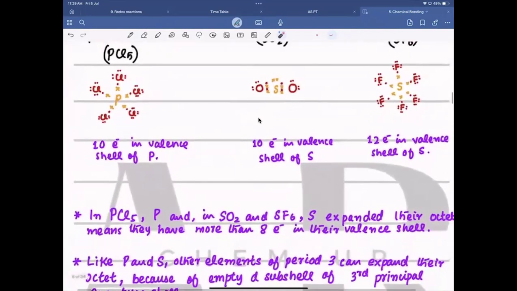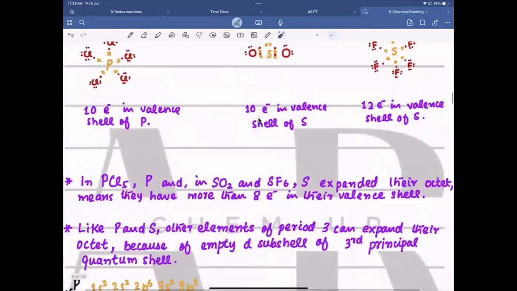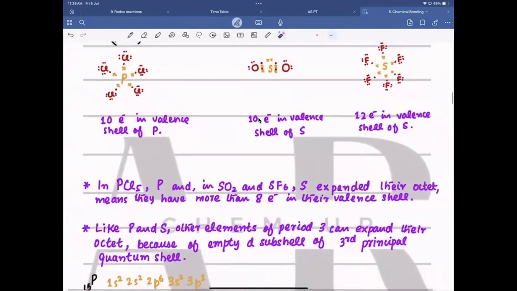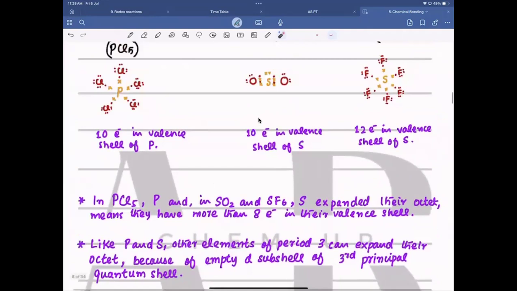Yes, sir. So these cases are called expanded octet, in which one of the atoms has more than 8 electrons in its valence shell. Till here, is this clear?